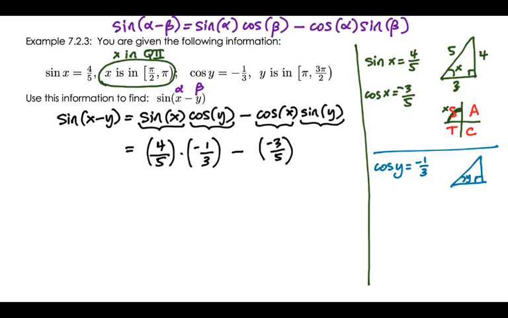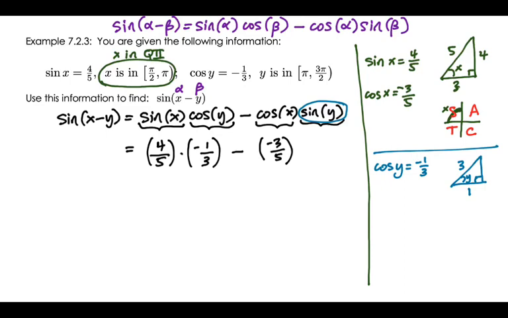Cosine is adjacent over hypotenuse. I'm going to ignore that negative for just now. I'm going to worry about the positive or negative based on what quadrant we're in. All right, and I'm trying to find sine y so that I can use it here in my formula at the end.